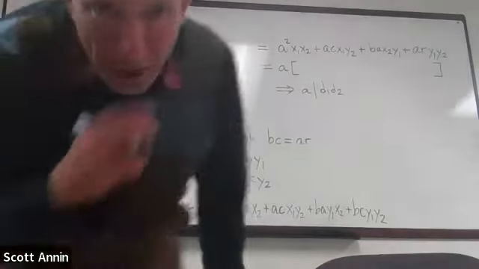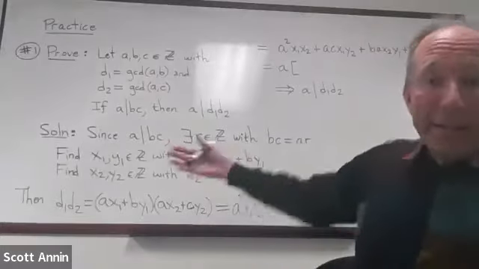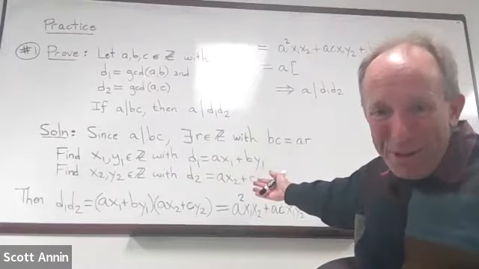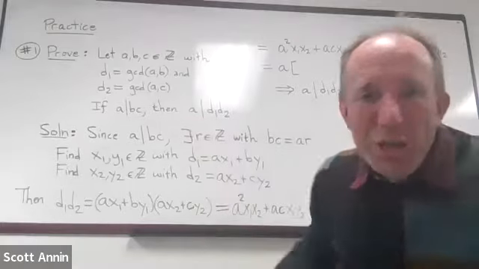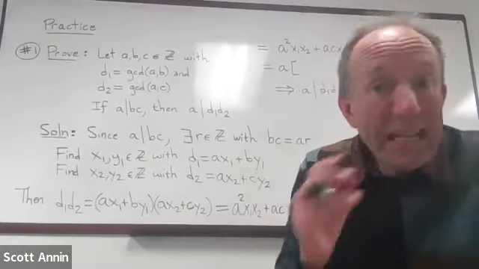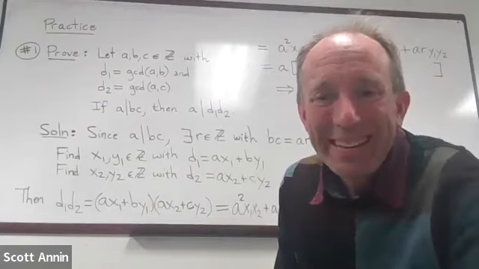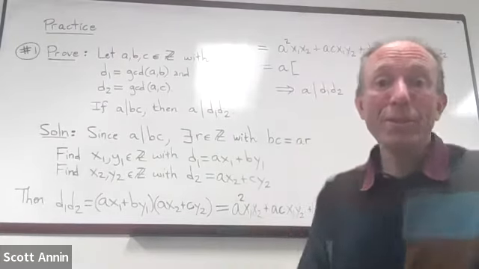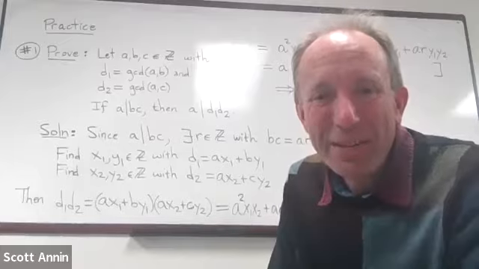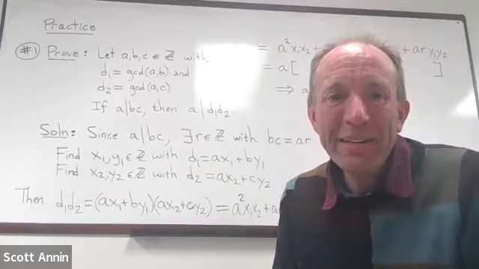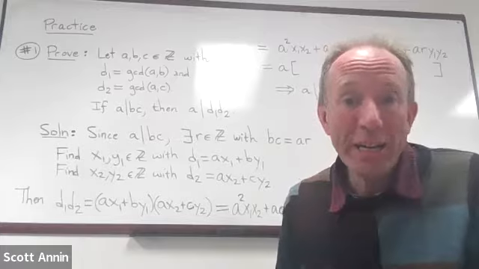A basic little problem involving writing the GCD of two numbers as an integer combination of those numbers and using the definition of divisibility. It's not too hard, it's not too easy. It's a nice example to put some things together. I'll let you pause if you need to. Think about the solution. Make sure that this is something you feel like you could do if you had to. And then once we're done with that, we'll go on and try another example.